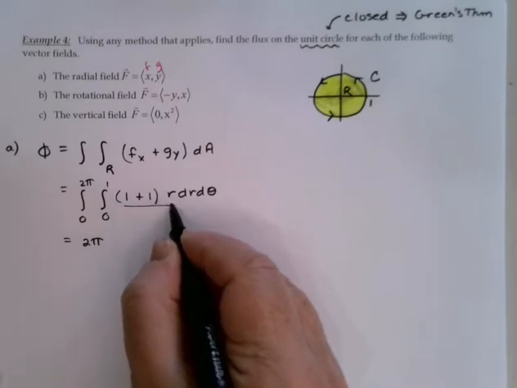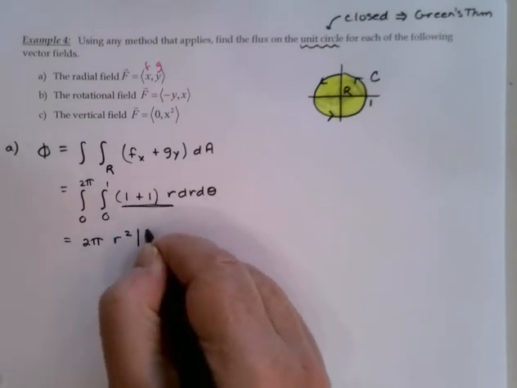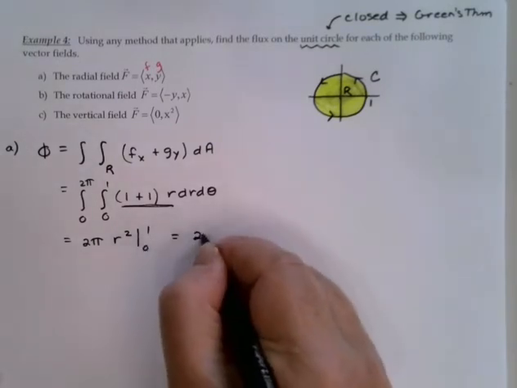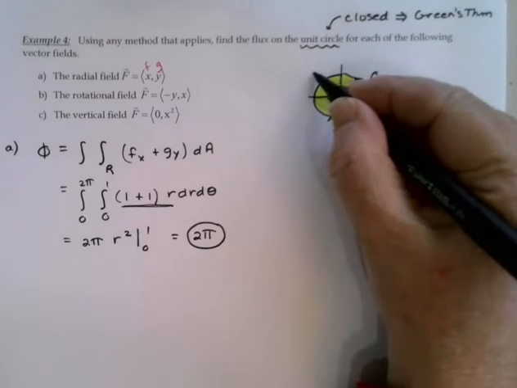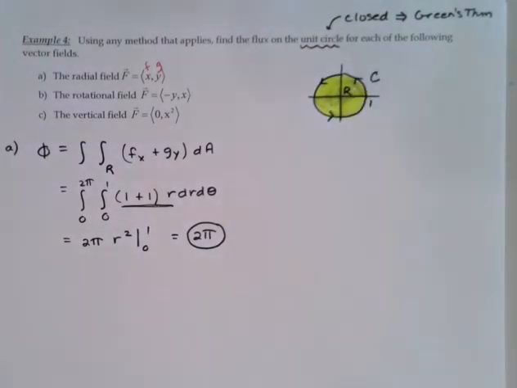And then this is really just the integral of 2r, which gives me r squared from 0 to 1. And that's going to give me 2 pi. So as expected, a positive flux across the boundary from the vector field that just is the radial field going out in all directions.